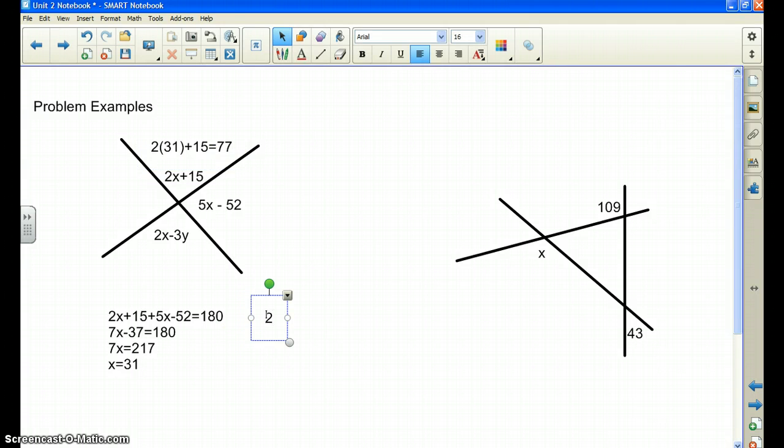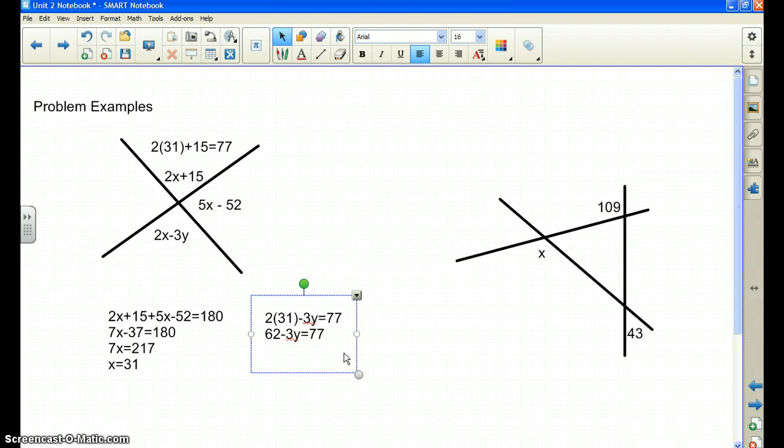So I can do 2x, which again we have is 31, minus 3y equals, and we plugged it in up here, 2 times 31 is 62, plus 15 is 77. So I can set that equal to 77. Now I can solve for y, so I'm just going to simplify that. 2 times 31 is 62, minus 3y equals 77.